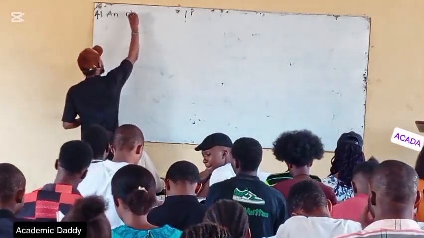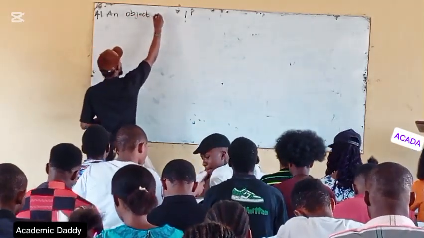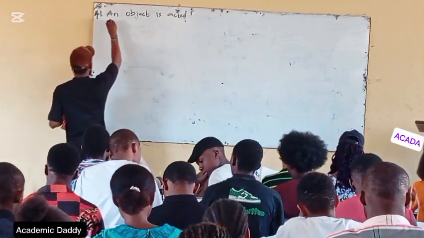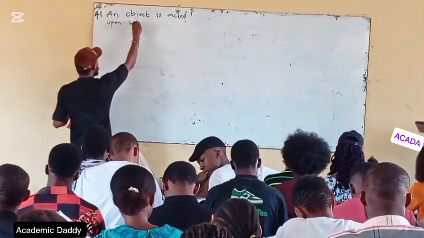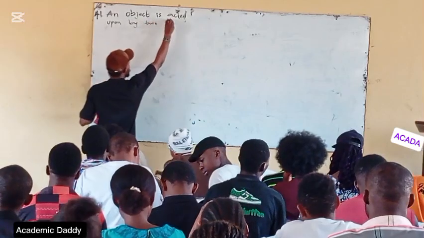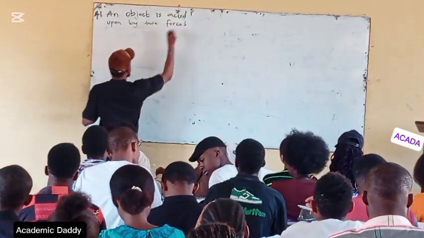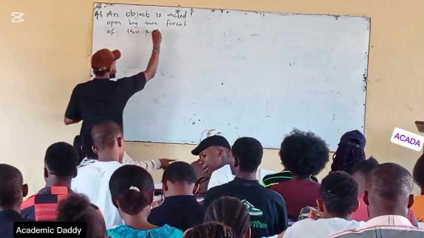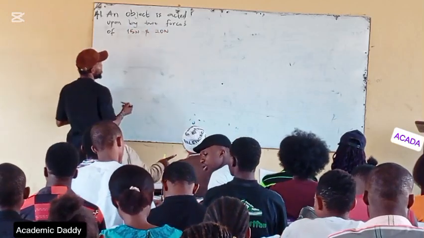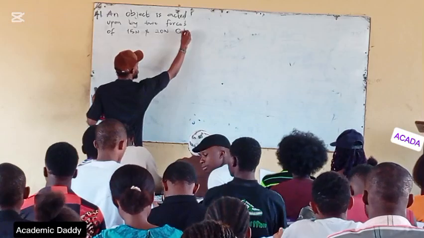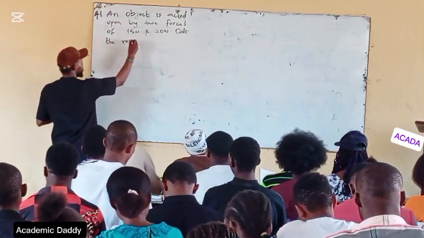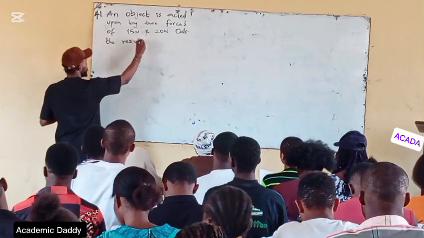An object is acted upon by two forces of 15 Newton and 20 Newton. Calculate the resultant of the two forces.